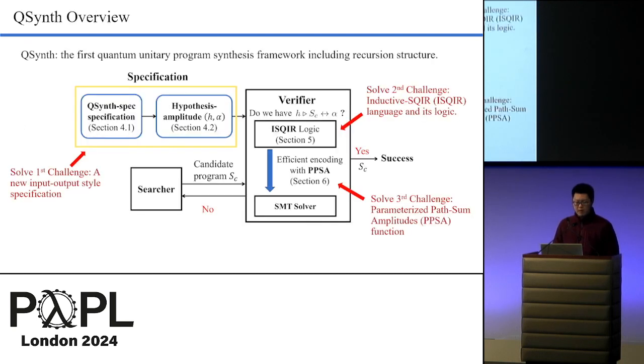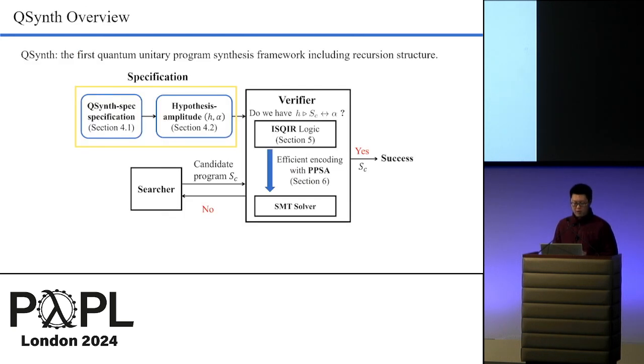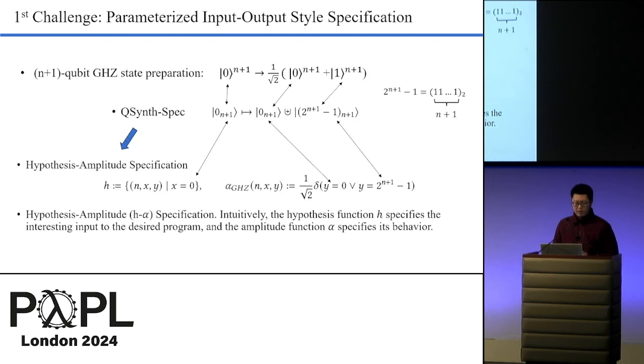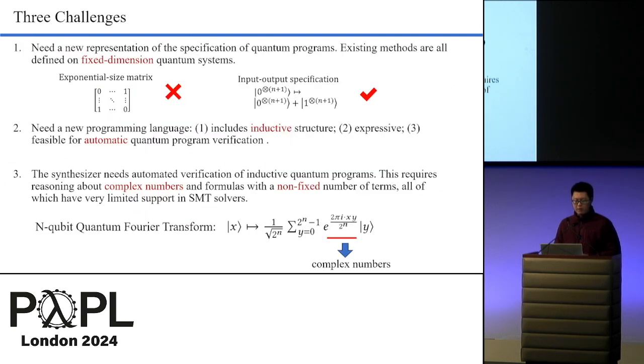So you can use the sum expression to write the specification for, like, the quantum Fourier transform. And another way to specify a more complex example is that users can use this hypothesis amplitude function to specify the expression. For example, for the GHZ expression, the function alpha here suggests that when the input is x and the output is y, the amplitude uses this function to express the term here.